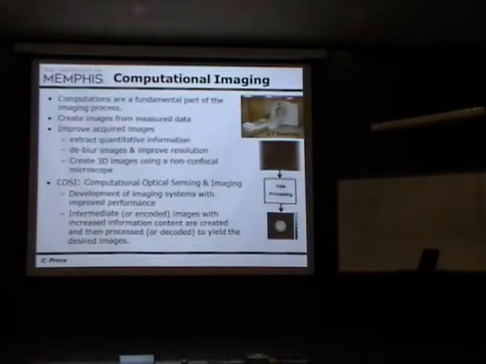In that effort, the development of imaging systems with improved performance is the goal, and to achieve that goal, we have to simultaneously design computations and novel optics that integrate from the beginning of the design to the end so that we can get improved performance.